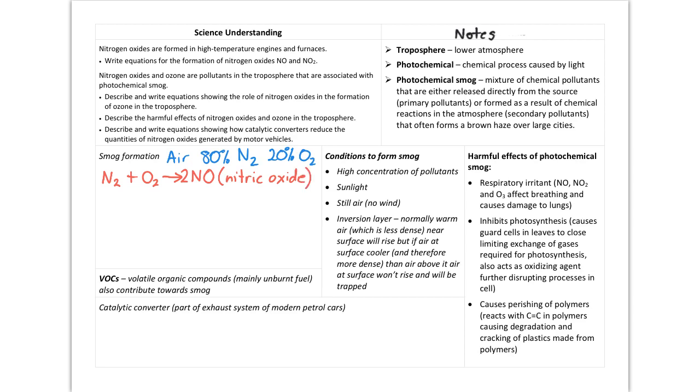Now, what happens though is when that nitric oxide gets released from, for example, the exhaust of our car, that can then react with oxygen in the atmosphere to form nitrogen dioxide.